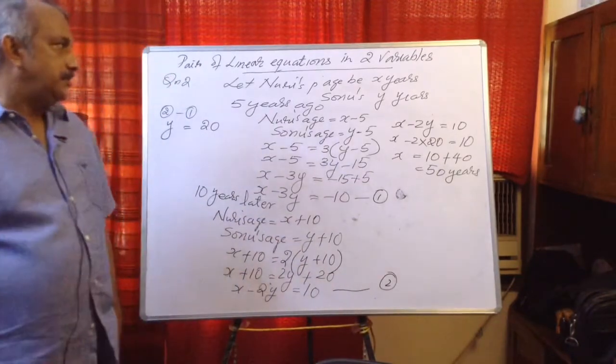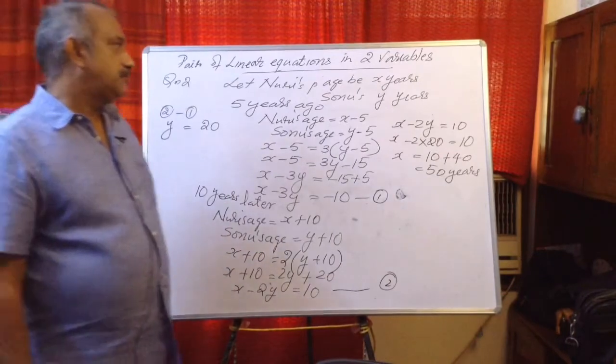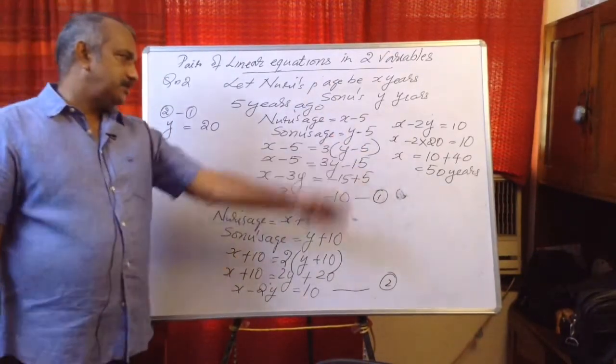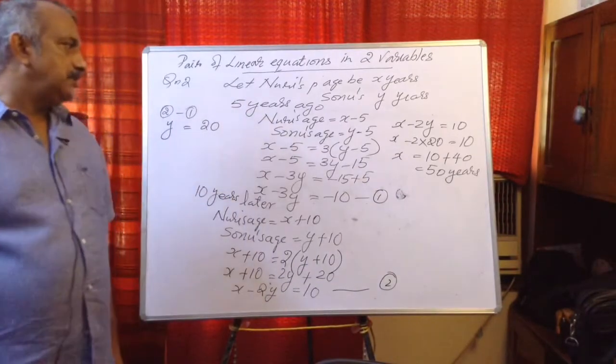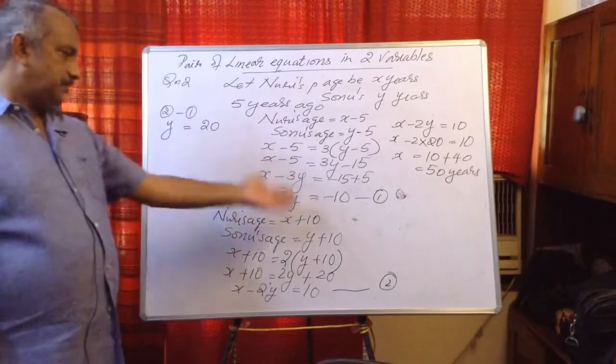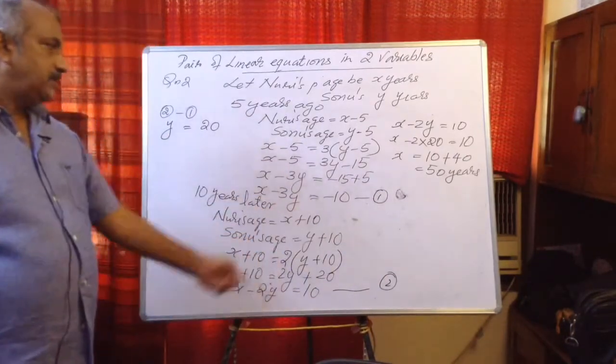Find their present ages. So Noori's present age is x and Sonu's is y. 5 years ago, minus 5, and the equation says x minus 5 is equal to 3 into y minus 5. We get the first equation. Then again 10 years later, plus 10, and the equation says twice. So we get the second equation.